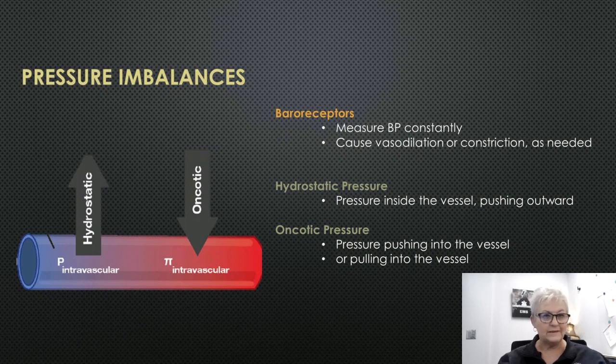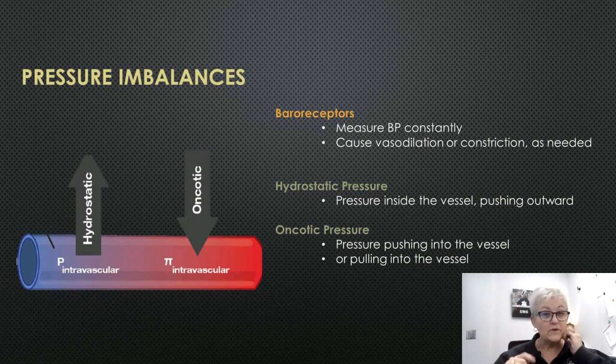Okay, the baroreceptors sit in our arteries, and they are constantly measuring blood pressure to make sure that we have enough blood pressure in our system to move the oxygen and the red blood cells around. Now, if you were to cut yourself and you started bleeding profusely, in those vessels, which should all be enclosed, because we now have sprung a leak, the baroreceptors are going to pick up that drop in pressure.